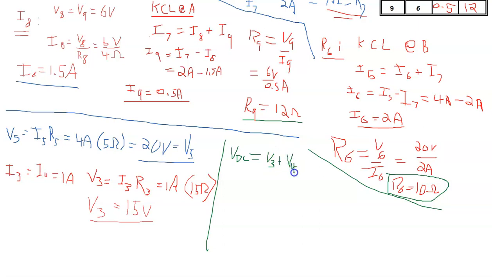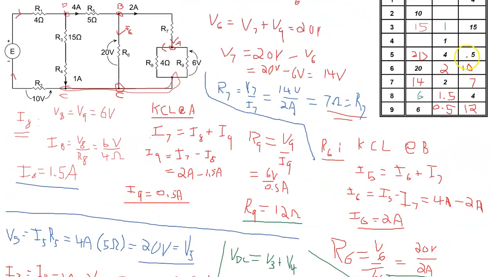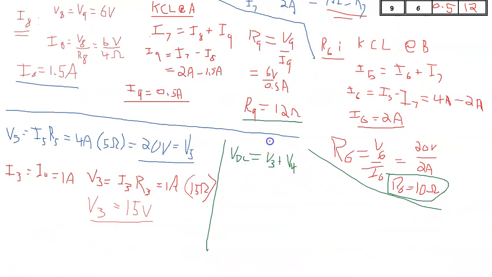And we want V4, and we have V3. Remember V3, if we go up and pluck it out of our chart now, is 15. So this one is 15. Okay, so VDC is also equal to V5 plus V6. And we got those two values.